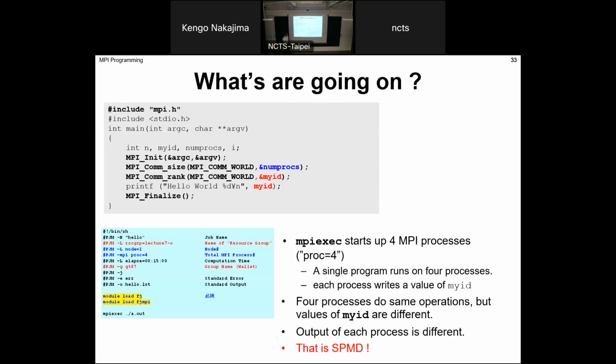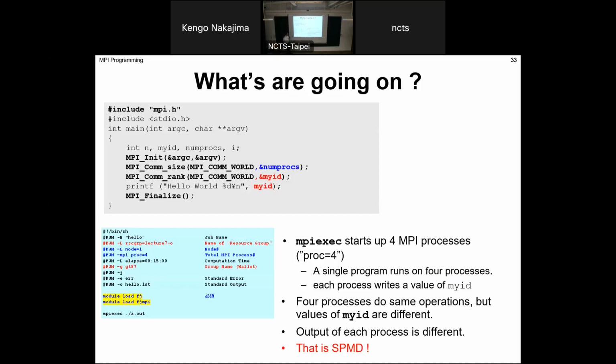A single program runs on 4 processes, and each process writes a value of myid. myid is obtained from MPI_Comm_rank. It's the rank ID, and this myid is written with hello world.